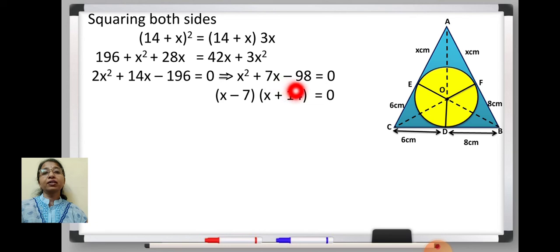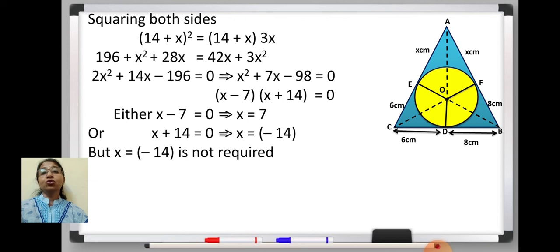So what are the factors of minus 98? You can write so that its addition should be plus 7x. So you can write plus 14x minus 7x. So you will get two factors, x minus 7, x plus 14 is equal to 0.